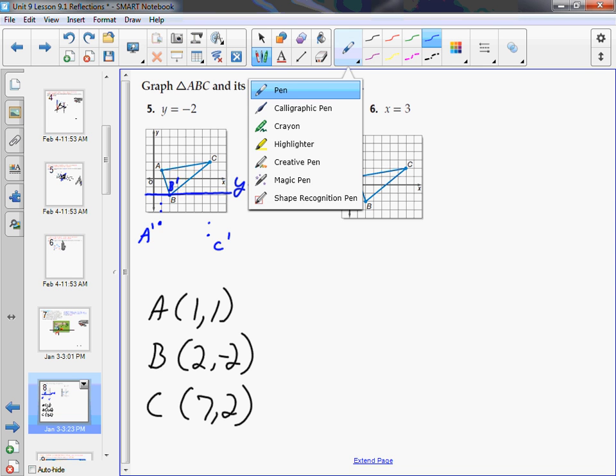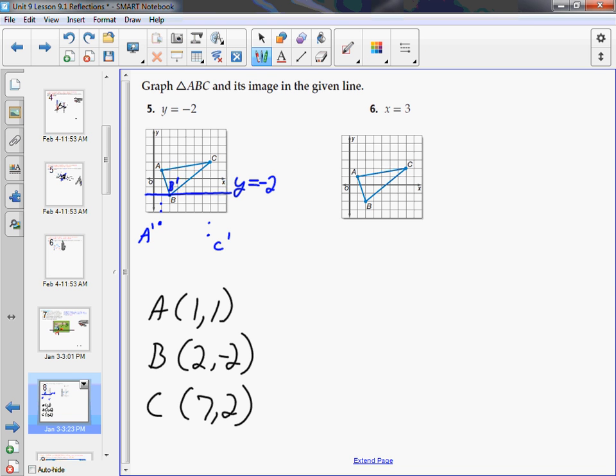Then use your straight edge to connect the vertices, and you reflected triangle ABC using y equals -2 as your line of reflection.